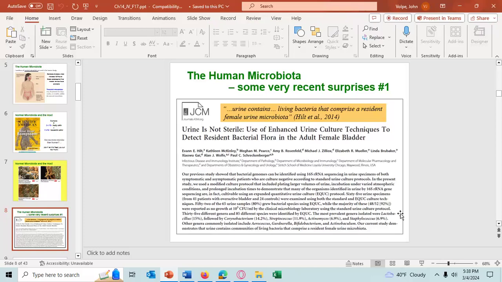And I've looked to see if people can answer the question, do males have a normal microbiota in their bladder? And none of the studies have ever looked at males, so I don't know the answer to that. There are some differences, and that is males have a longer urethra, so it's possible males may not have bacteria as part of their normal microbiota inside their bladder, but females do. And that's a fairly recent discovery, 2014.